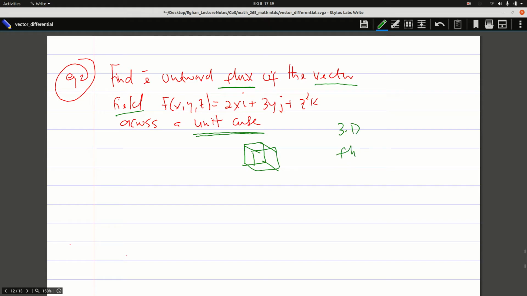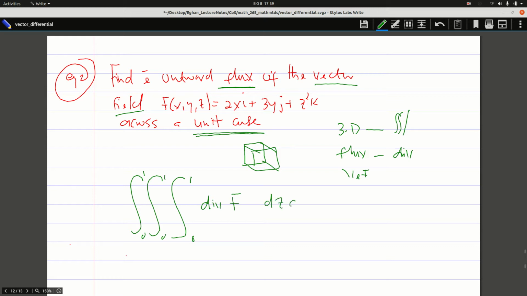I see my flux. This means triple integral, flux means divergence, and I have my vector field. So simply, it's a unit cube, so it means everything is 0 to 1, 0 to 1, 0 to 1, and then divergence of f dz dx dy, or dy dx dz, any way you want to find it.